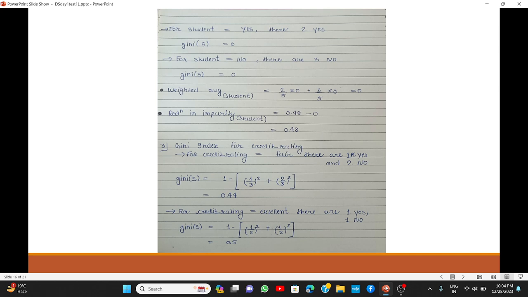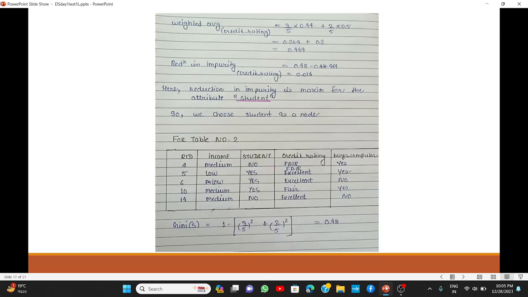In fair there are 1 yes and 2 no, then Gini for fair is 0.44, and in excellent there are 1 yes and 1 no, so Gini for excellent is 0.5. The weighted average of credit rating is 0.464, and the reduction in impurity of credit rating is 0.016. Here the reduction in impurity is maximum for the attribute student. So we choose student as a node.